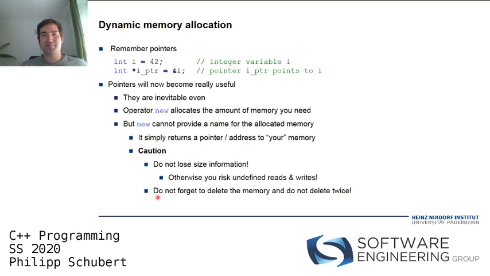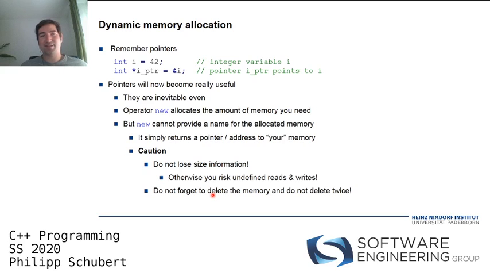Also, what's important to note is do not forget to delete, otherwise you leak memory. If you forget to free that memory after you used it, I mean, you can do it once and it may work perfectly fine, although your program still comprises a memory leak.